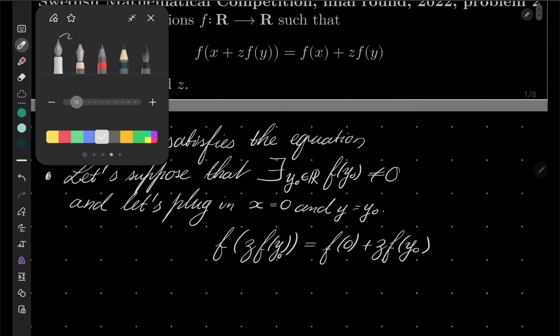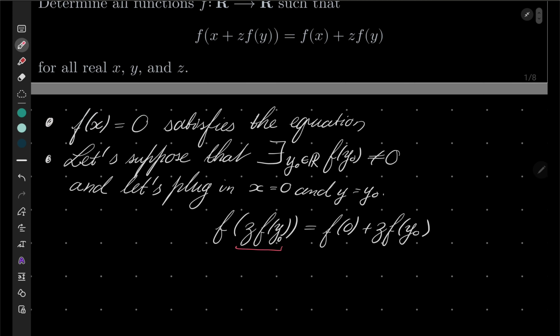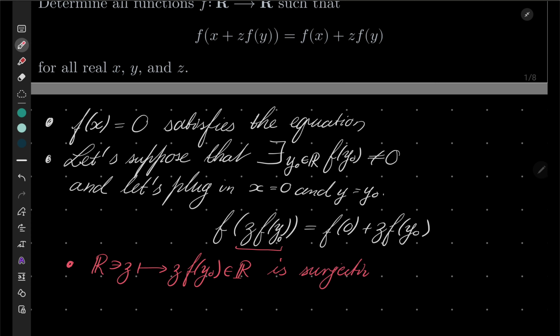Okay, and now, a very important thing, let's look at this as a function of the variable z, because z is arbitrary, there are no constraints on z. It's easy to notice that the function which takes real z and maps it to z f(y0) is surjective. Why? Because it's a linear function which is not constantly 0, since by our assumption f(y0) is not 0, so we can get any number whatsoever.